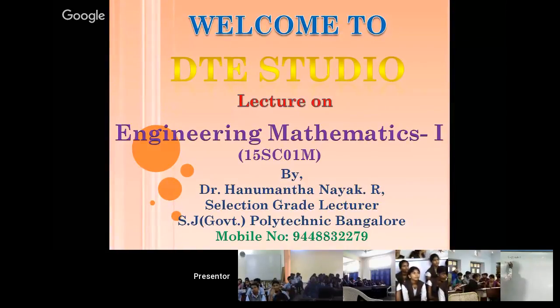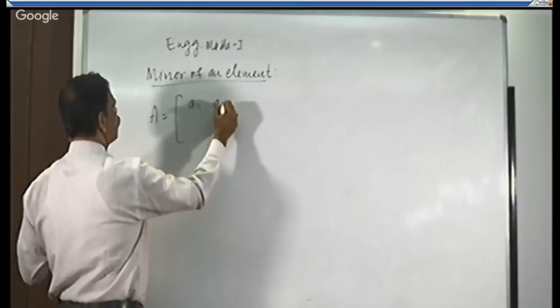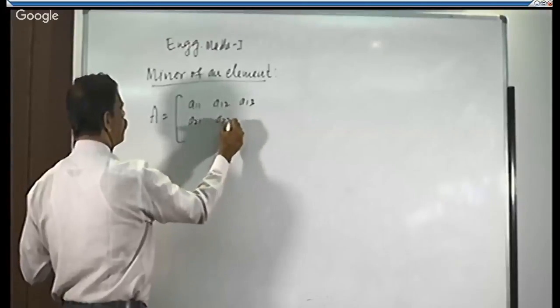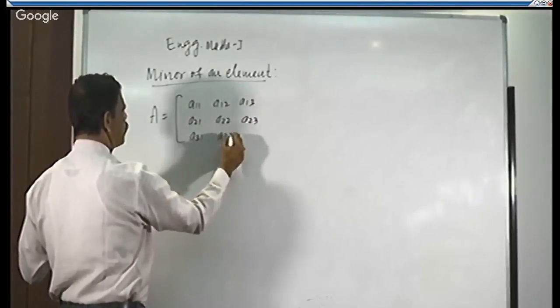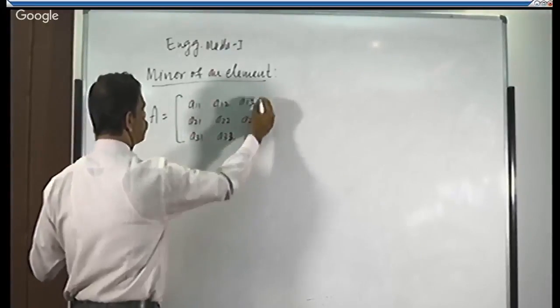Minor of an element. If I take a square matrix A, with elements A11, A12, A13, A21, A22, A23, A31, A32, A33.